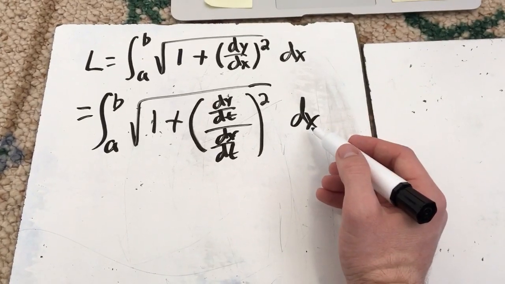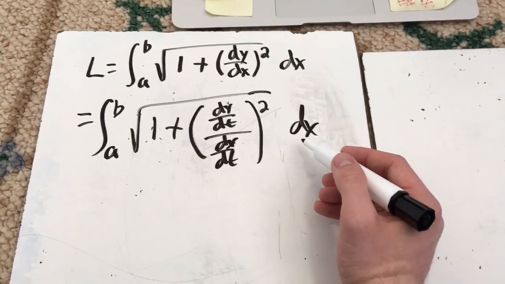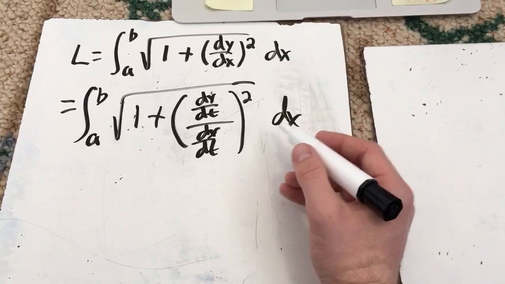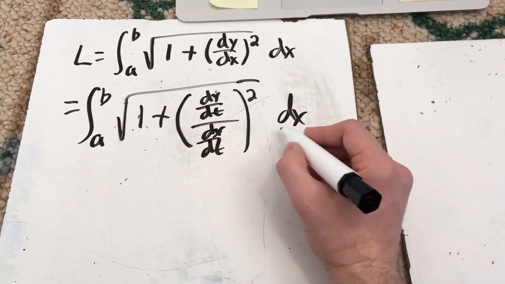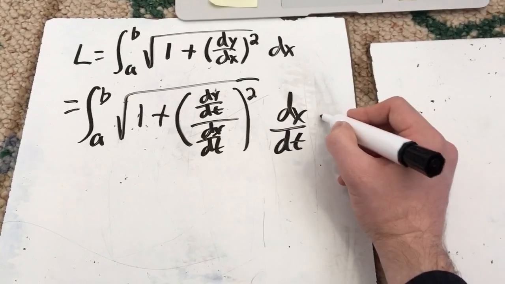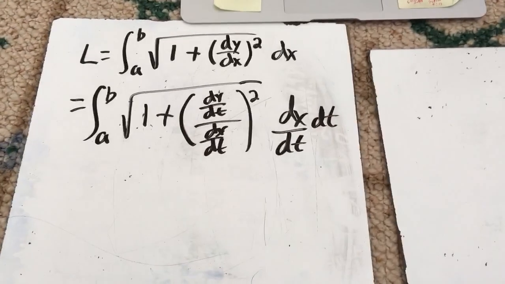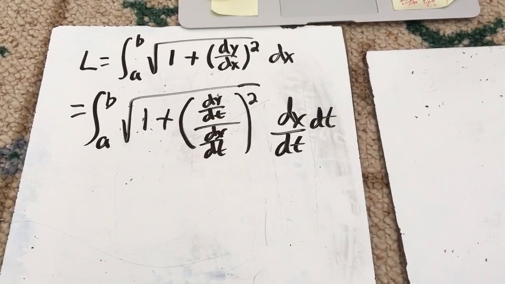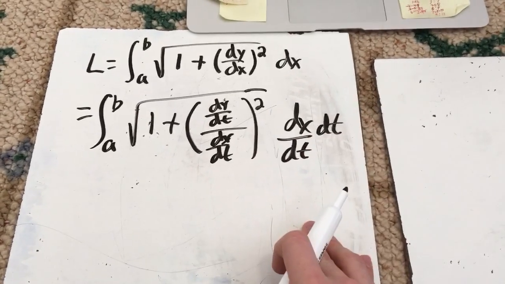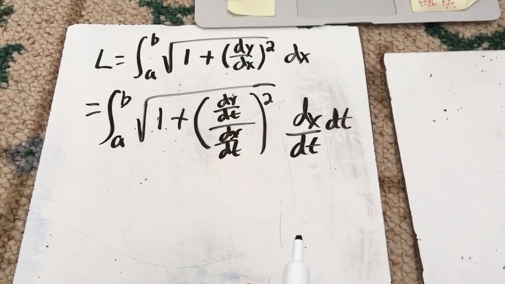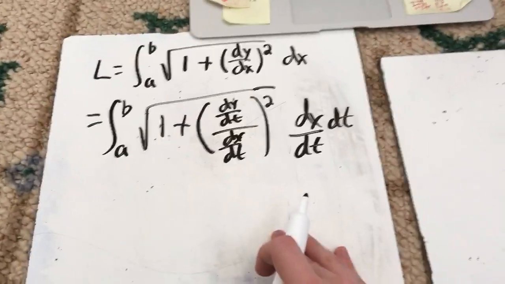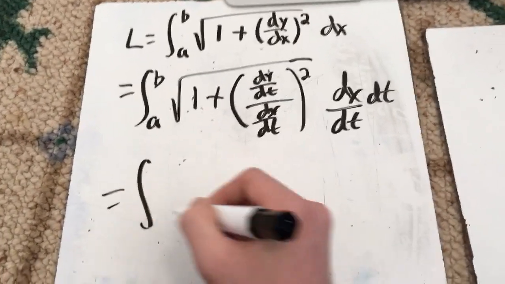From here, though, we could also say, wait a minute, we don't really like dx's in parametric curves. We want some dt's in here. So let's rewrite this. dx, we could say, let's call this dx/dt and multiply it by dt. That would be equivalent, right? We're essentially multiplying by 1 here. This is an equivalent form of dx. So let's rewrite this and break it down again.